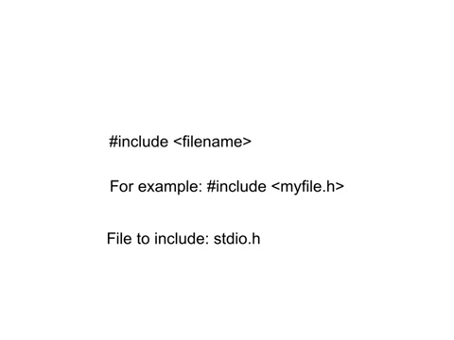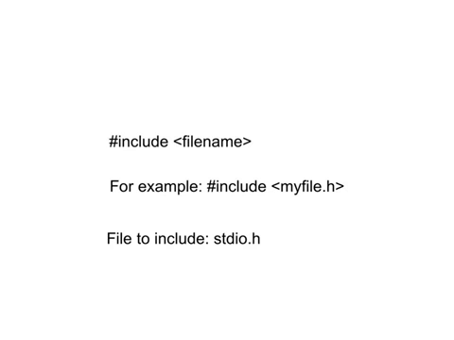So take a look at this. Here's the syntax you use. Pound sign, include, file name. This is an example where the file name is myfile.h, and this is the actual file that you need to include. Now, this file, stdio, that's short for Standard Input-Output, and the reason that you're going to be including this file specifically is because it contains the input-output functions, which include the functions that allow you to print text to the screen.